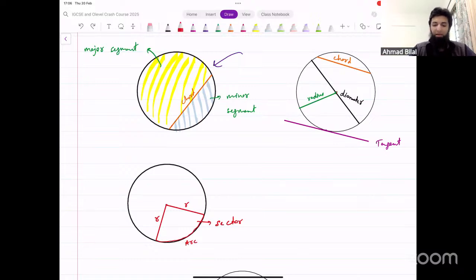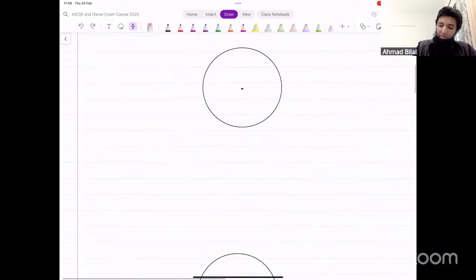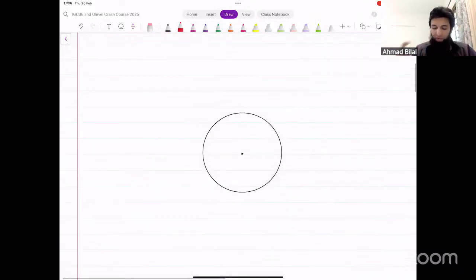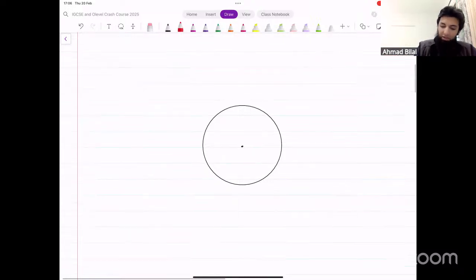Okay, now that we understand that, there are some angle properties of circles that we need to know about. Let's talk about those properties one by one now. Number one. Now, for each of these properties, what I'm going to do is write down the property and write down how to spot that property, so that you can remember how to spot that.